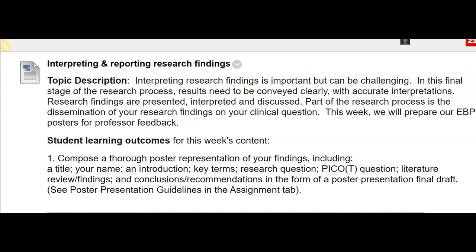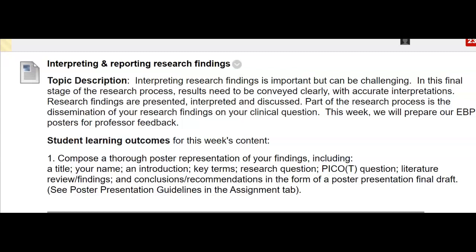I think you're going to find this chapter to be one of the easiest to read and understand, but really a very, very important chapter for the work that you're doing this week. So we know that interpreting research findings is important. We also know that interpretation can be quite challenging, especially when the study includes parametric and non-parametric tests, right?